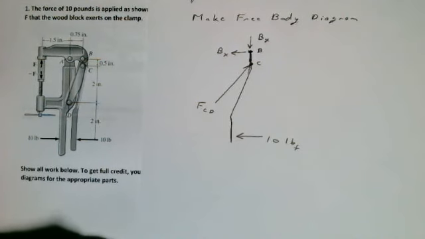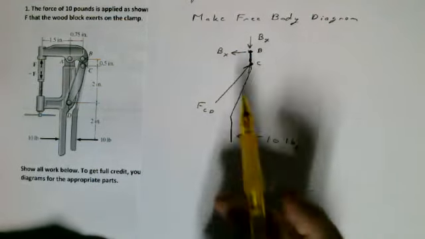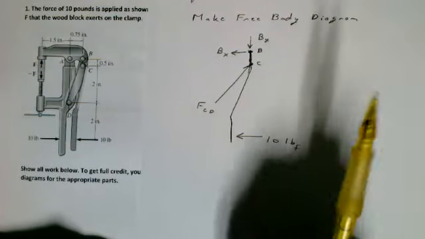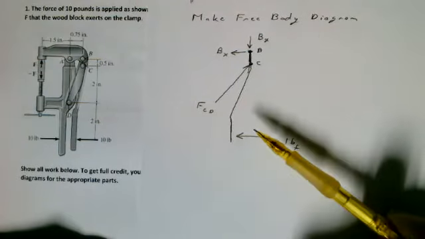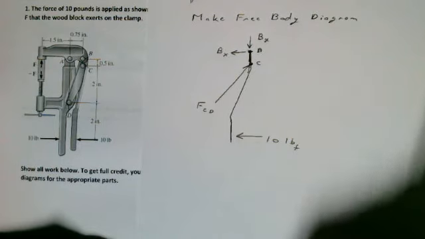So that's a start, and that's the most important part: we have a free body diagram of that part. Now we can apply the equilibrium equations. We want to find some of these forces. Again, the easiest place to start is to take moments about the point that has the most unknowns.